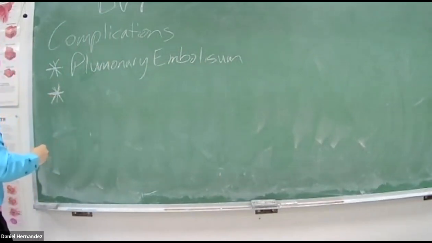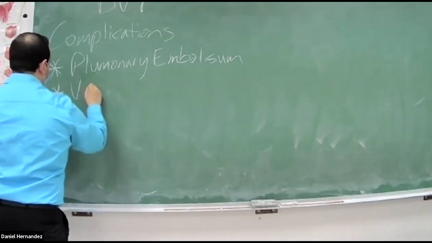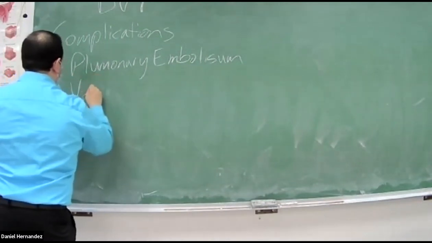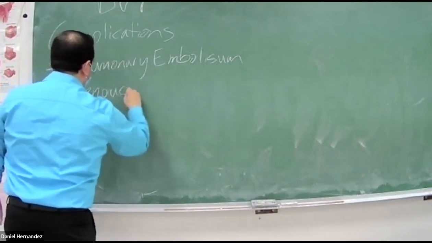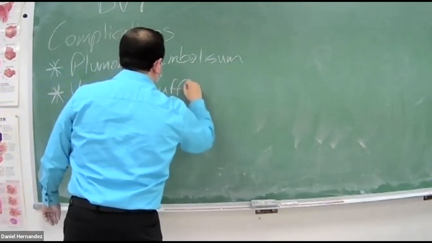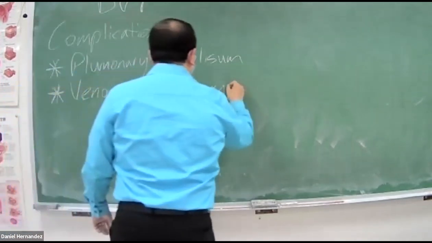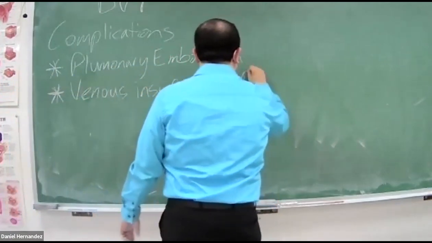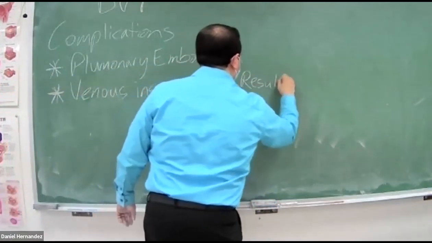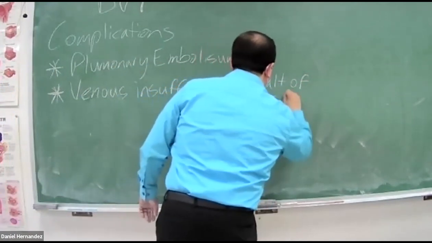Another big complication of DVT is that we can wind up with venous insufficiency, and this is a result of DVT damaging valves.